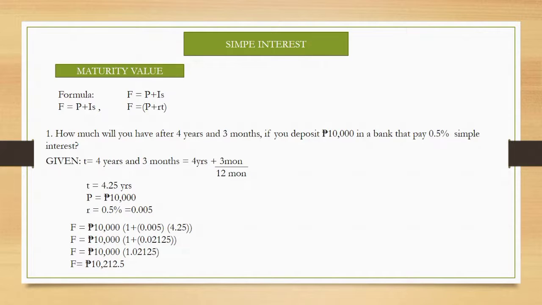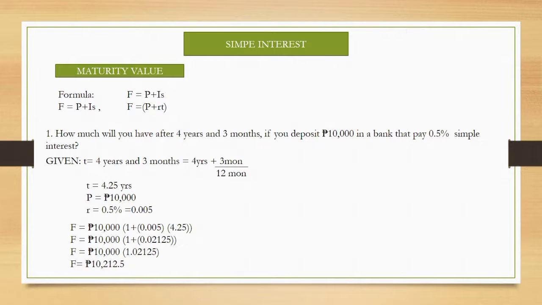And now let's proceed to number two. The question is how much should you invest at the simple interest of 7.5% in order to have 300,000 pesos in 2 years.